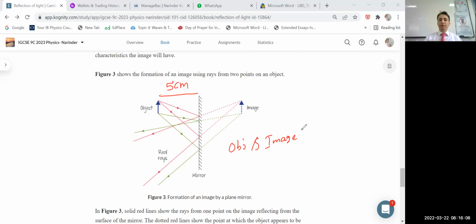Yeah, it's 10, correct. Jenny said it is 10, correct, children. So the total distance, because we know the image is also formed at the back side of the mirror at a distance of 5 centimeter. The question is the distance between object and image. So 5 plus 5 will give you 10 centimeter distance.